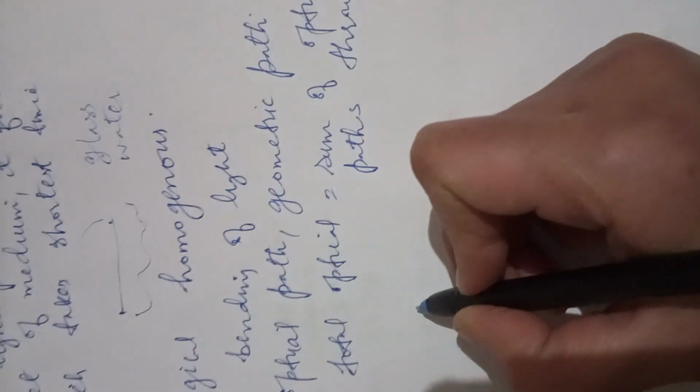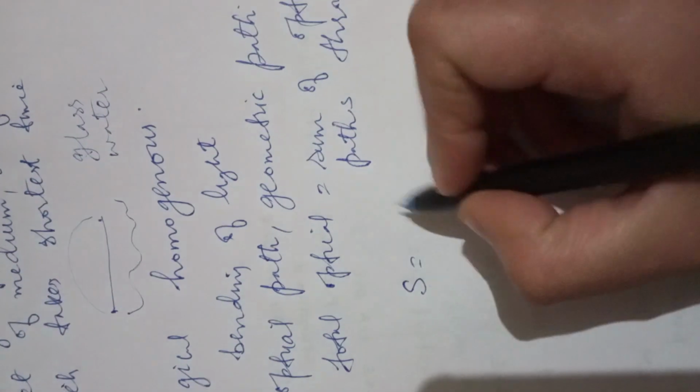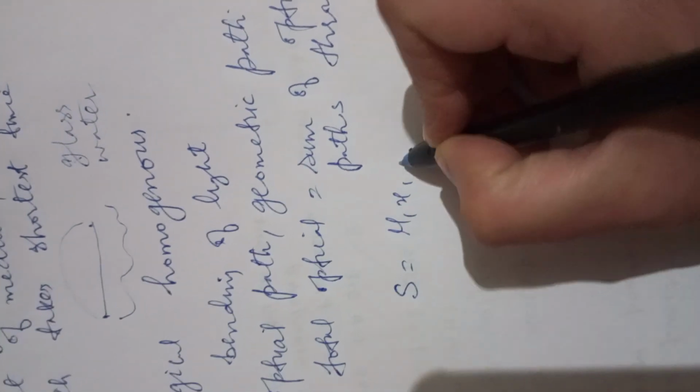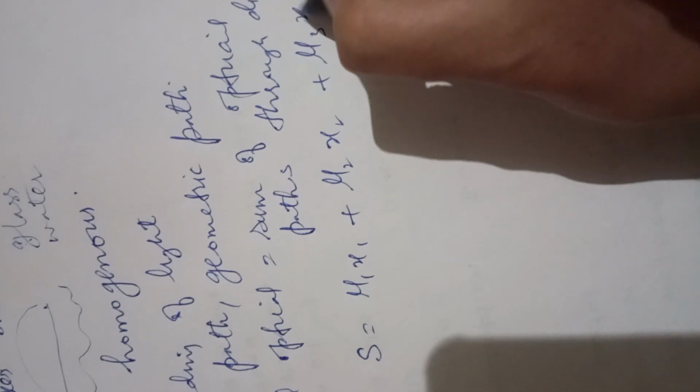Suppose light happens to pass consecutively through three mediums, then total optical path S will be mu1 x1 plus mu2 x2 plus mu3 x3 and so on.